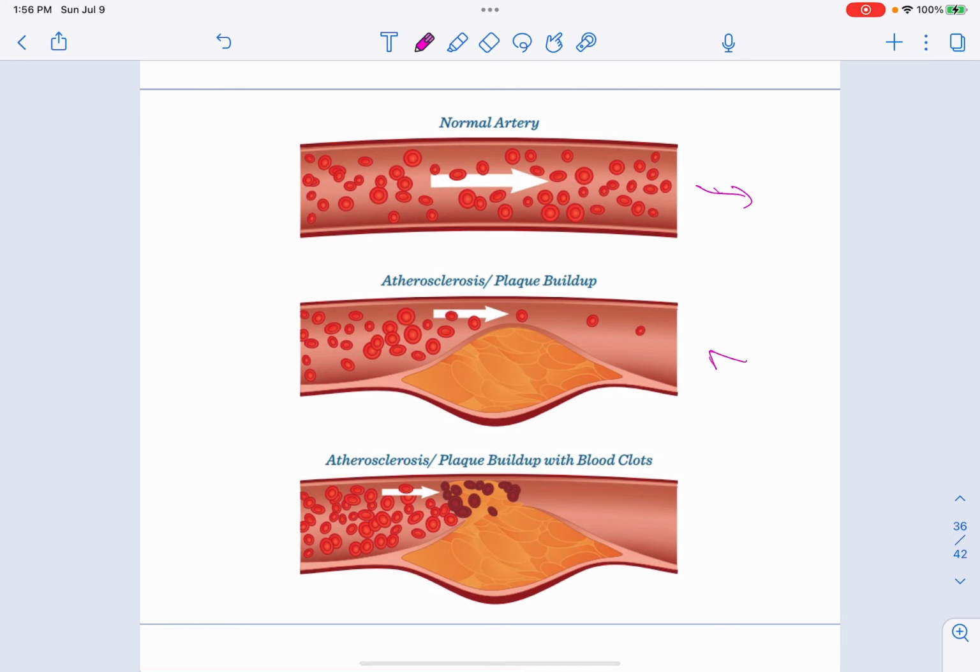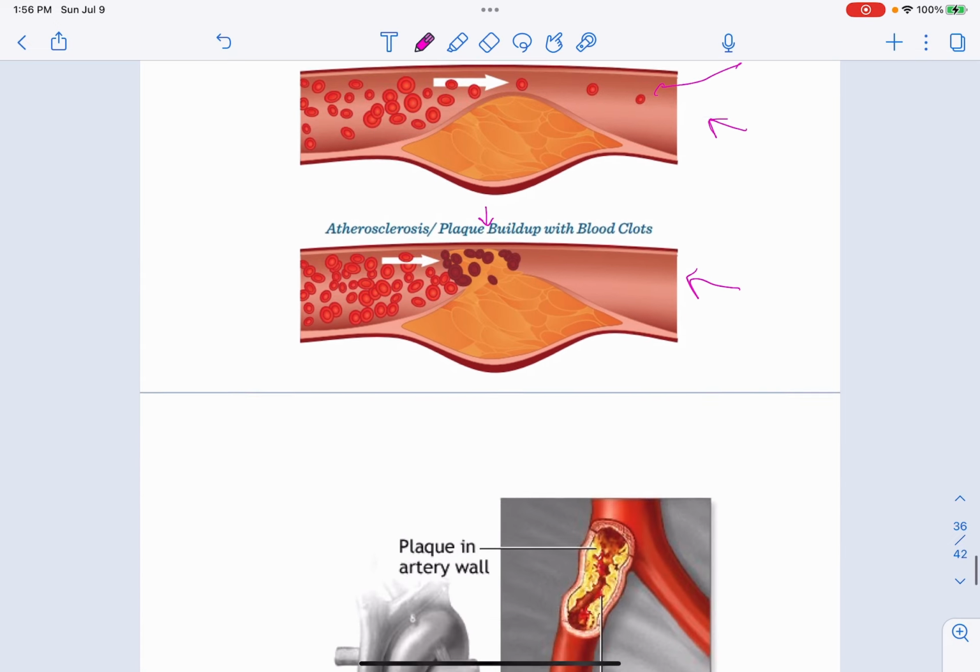When you get plaque buildup, and this is of course why you get your blood drawn and your cholesterol read, if you have too much of this cholesterol or lipid or fat, it starts to build up in these arteries and it causes the flow of blood to slow down. So you're not getting a lot of blood flow there. Then what can happen in a more serious situation is you can get plaque buildup with a blood clot forming around it. At this point, you're not getting any blood flow through that artery.